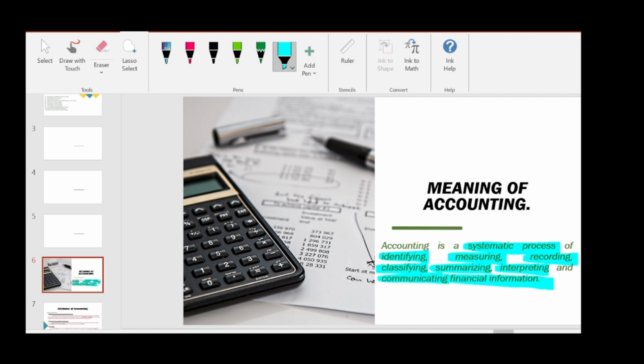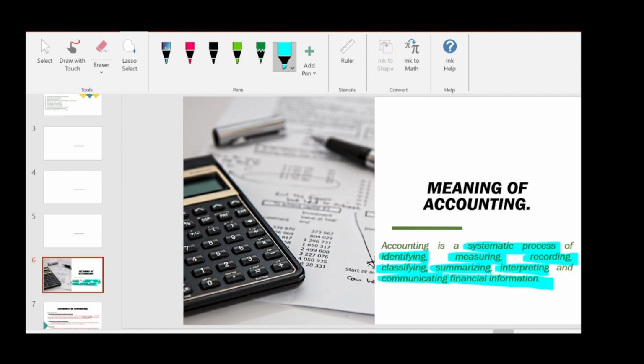Each and every word given in a definition has its own meaning, and it is given for a purpose. Nothing is included without purpose. For example, the systematic process means we should do identification first, second is measuring, third is recording, fourth is classifying, fifth is summarizing, sixth is to interpret, and last is to communicate. In this order only it should go.